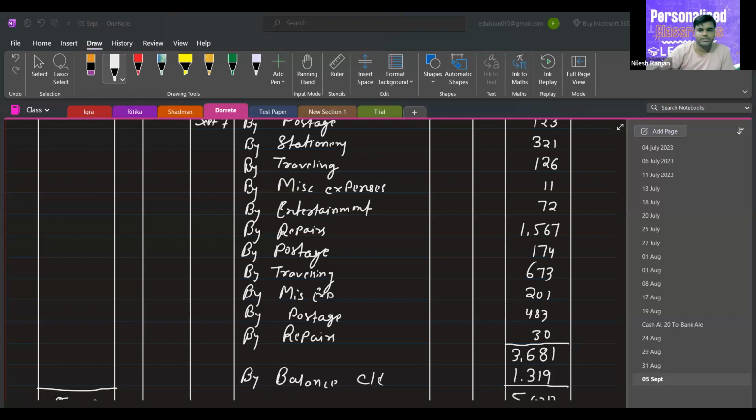The amount is 3,730, 483, 205, 673, 174, 172, 11, 126, 321, 123.